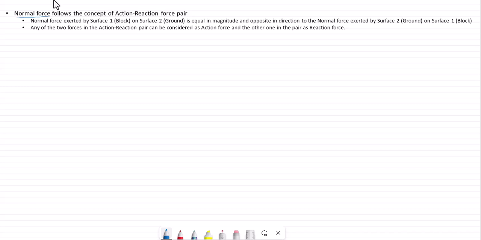It is important to mention that the normal force exerted by the block on the ground is equal in magnitude and opposite in direction to the normal force exerted by the ground on the block. Being action and reaction from Newton's third law, to every action there is an equal and opposite reaction. So these two forces make an action-reaction pair.